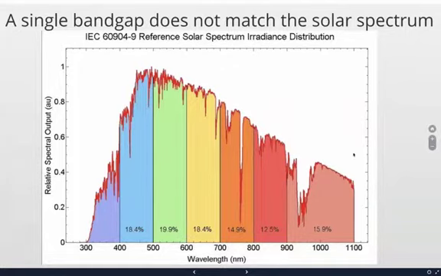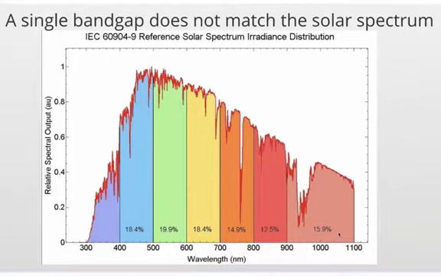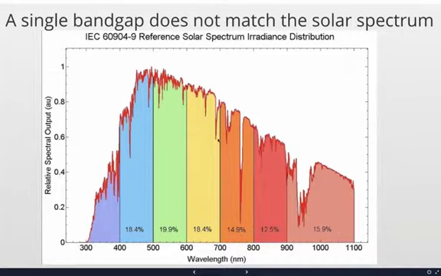Now, this is cut off here because most silicon cells will stop absorbing after here, 1100 nanometers or so, because that's the band gap of silicon. And what's interesting is that it's extremely broad, right? The wavelength goes from 300 to 1100 nanometers, which means the energy of the photon is very much changing as well. So a single bandgap material like silicon does not match the solar spectrum appropriately.